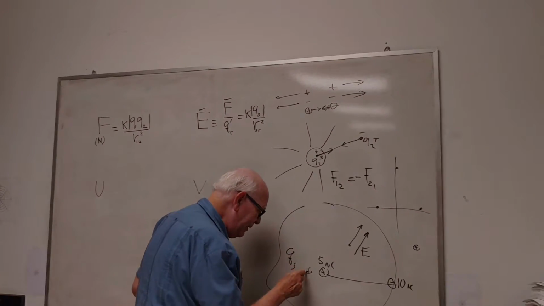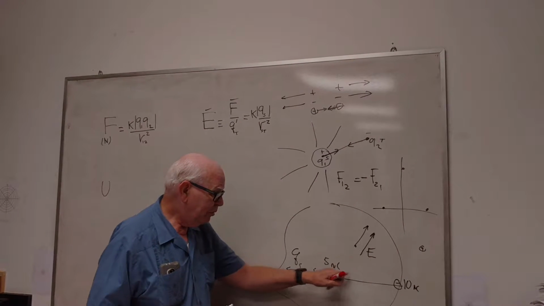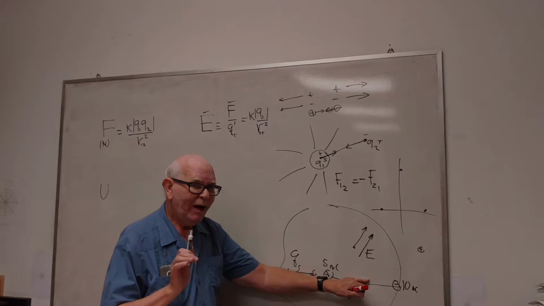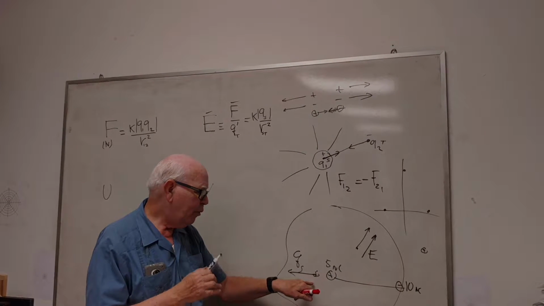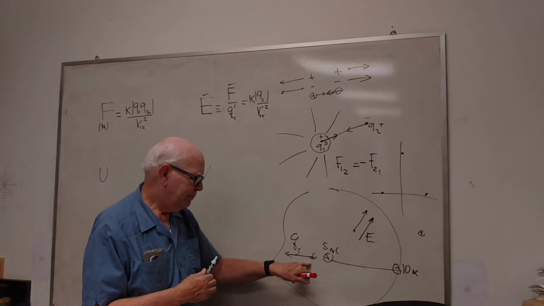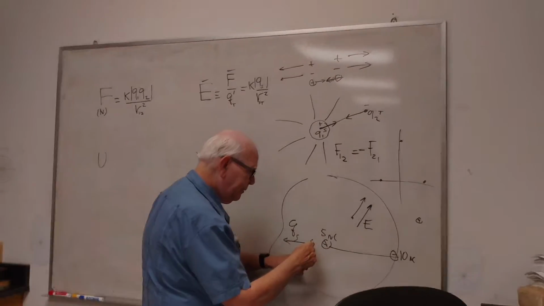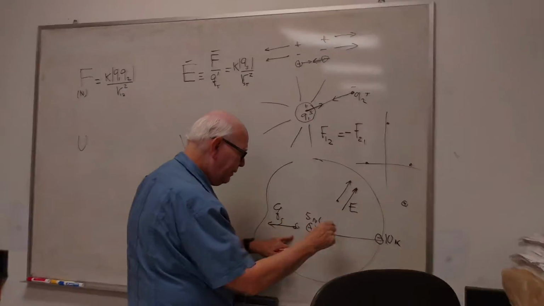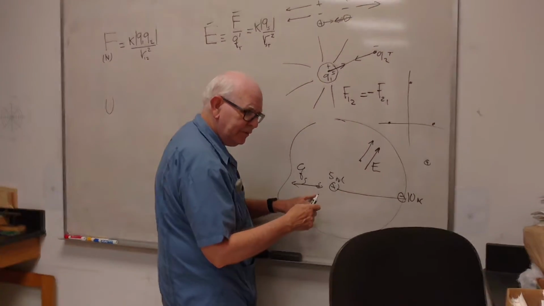On this guy, it means go away. On this guy, it also goes away to the right. But we don't worry about this one. We worry about this one because we're exploring where the force could be zero. Now what's this doing to that one? Plus minus is attraction.